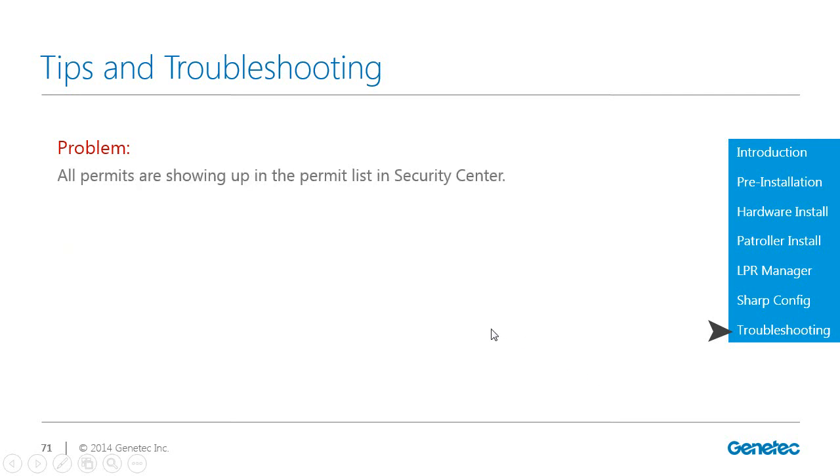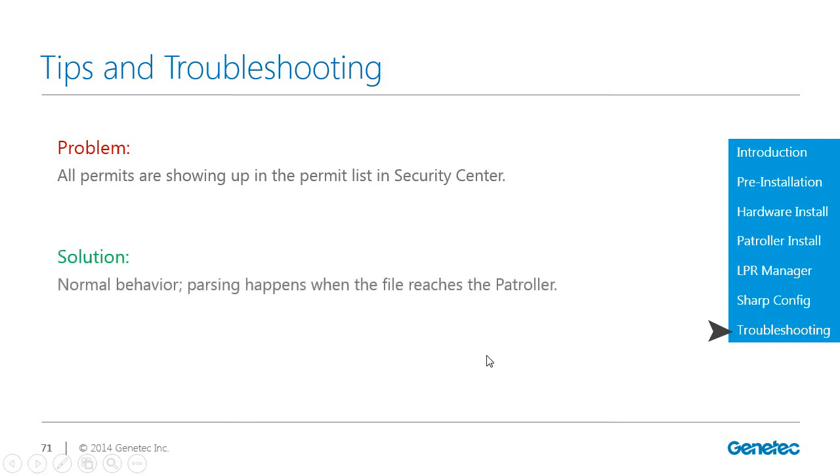Now this last one is more of just a little tip here. When you're creating your permit files, they can contain many different permit types. Now if you take a look in Security Center, or if you try to edit the file, you're going to see that for the particular permit, all the types are listed there, all the particular permits are there.